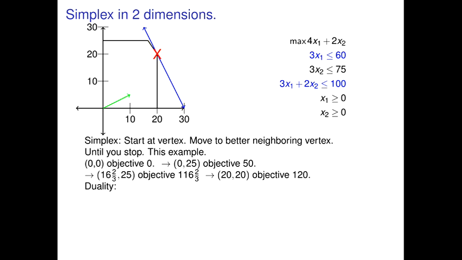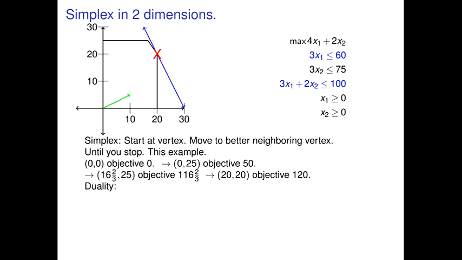Okay? So now for this linear program, any solution needs to satisfy all the constraints. Right? So it needs to satisfy in particular these two constraints. Okay? But if it satisfies 3 times x1 is less than or equal to 60, does it also satisfy 6 times x1 is less than or equal to 120? I just doubled both sides, so it's the same. Okay?